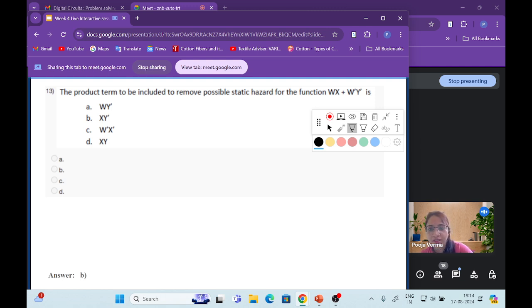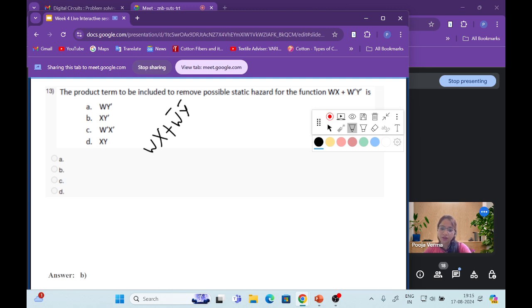The function is given as wx plus w dash y dash, right? Let's first check whether it is a sum of product form or product of sum form. From the function we can say that this is an SOP form, right?